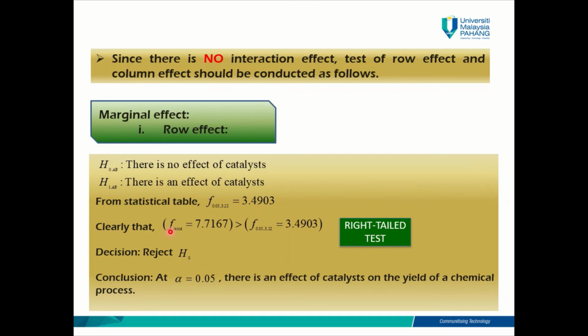It's still a right tail test, with the rejection region on the right hand side. So the F test is bigger than the F critical value, so it falls in the rejection region. That's why we reject H null. Rejecting H null means that at alpha 0.05, there is an effect of catalysts on the yield of the chemical process. Okay, so done for the row effect hypothesis testing.